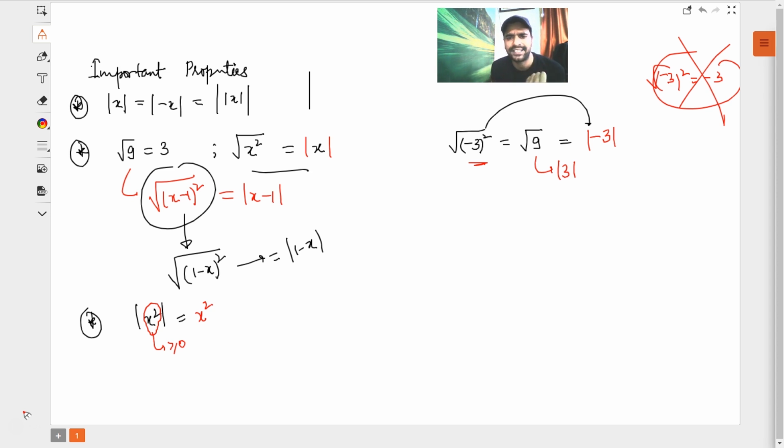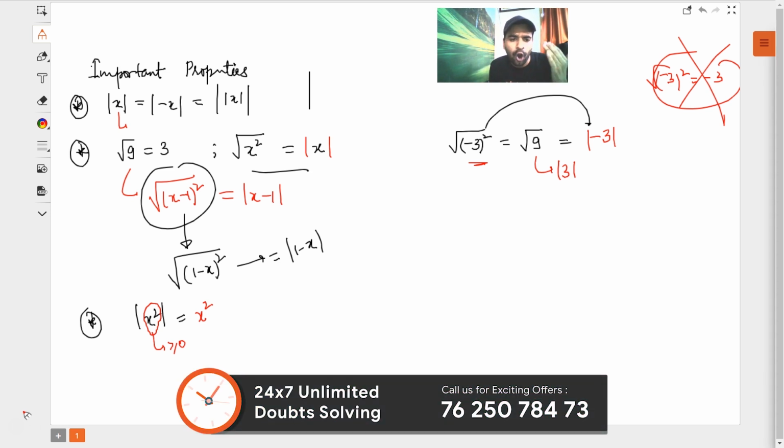But if I was taking mod of x, this x can be positive as well as negative. That's why I cannot write it as x. Is it clear? The output of modulus function has to be positive, and since we know x square is always greater than or equal to 0, you can never find a real number whose square is a negative number.